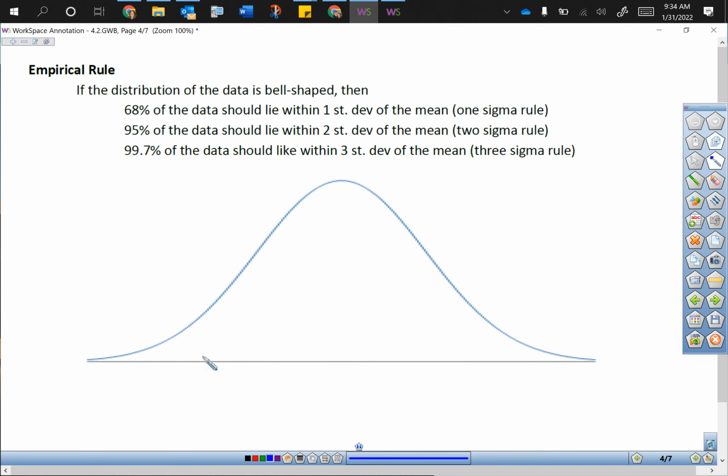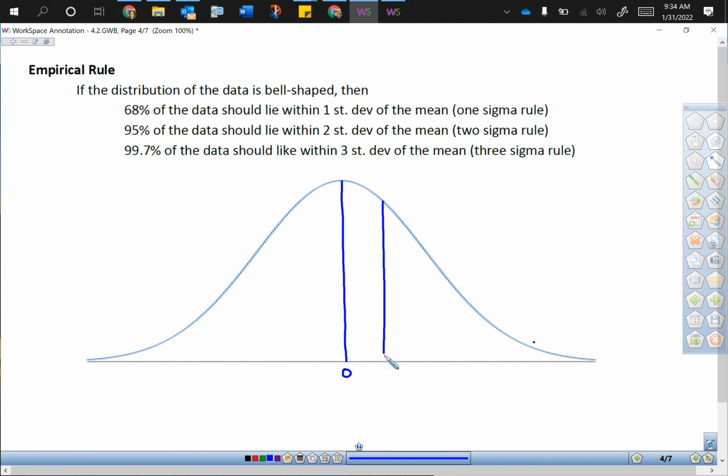In your bell-shaped curve, okay, your mean lies where? Directly in the middle. Okay, that's your mean. What we're going to do is call that 0. 0 is going to represent our mean, okay? Now, 68% of the data would lie within 1 standard deviation of the mean.